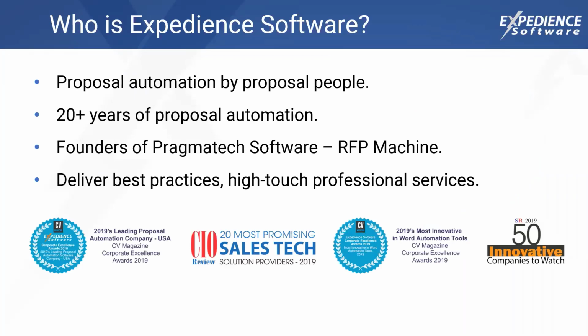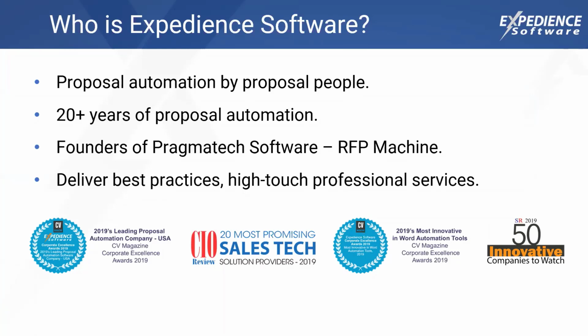So just for those of you who are newer to Expedience, I like to share the fact that my story isn't that unique for the folks here at Expedience. We are all, to a person, deeply proposal experienced individuals, oftentimes with 20 plus years of proposal and or proposal automation experience. Expedience was founded by the founders of a company called Pragmatech, who made a software called the RFP machine.